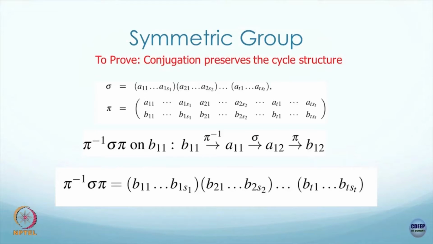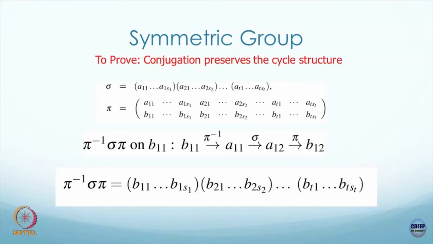Okay. So, suppose you take an element in the symmetric group. Looking at this element, you will have an S1 cycle, S2 cycle, St cycle. I am not even telling what is the number of them. Okay. This is an element which you have. So, we know the set of elements in that symmetric group, right.